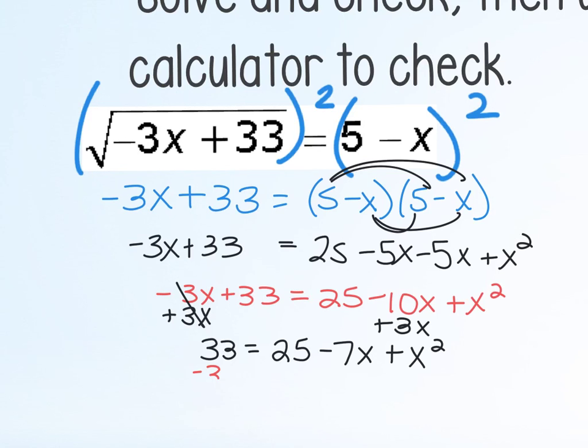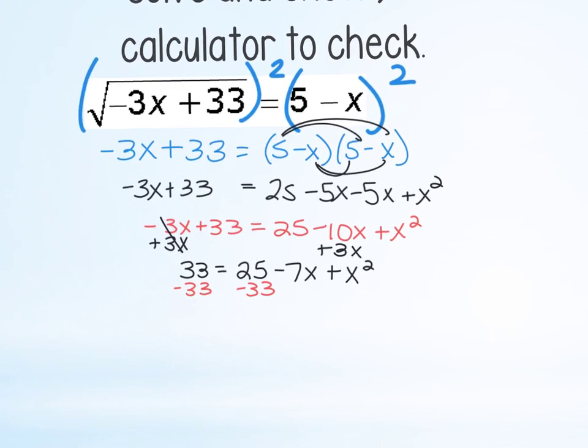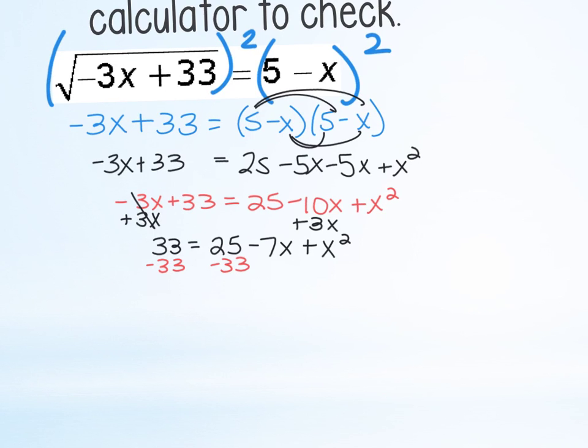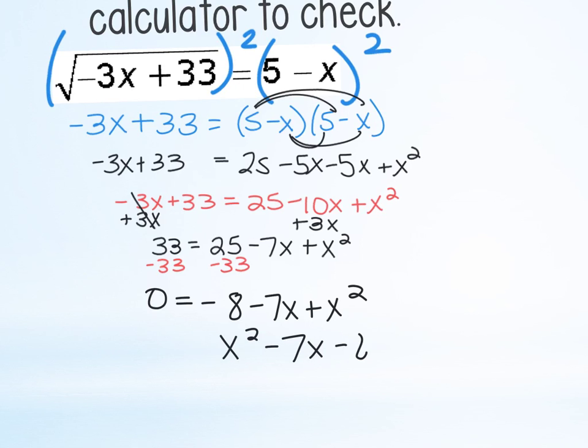And then I would subtract the 33. And then I'm going to rearrange it so it's in order from highest exponent down to none. So it would be x squared minus 7x minus 8.